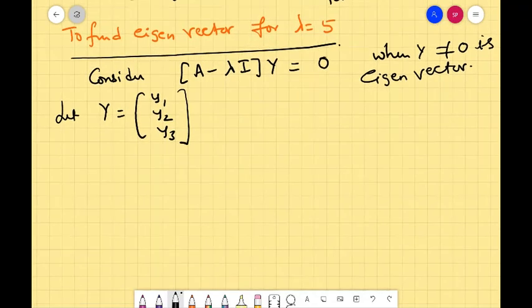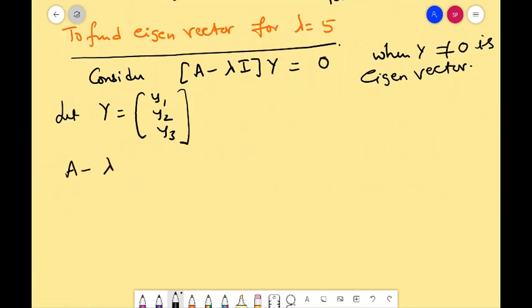Now let us see what A minus lambda I is, that is A minus 5I.